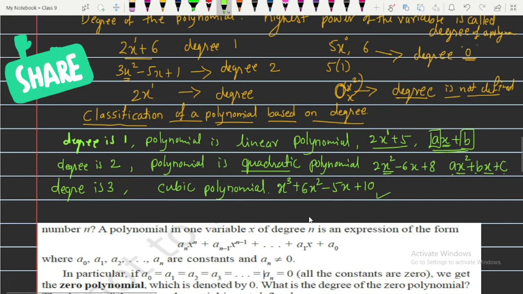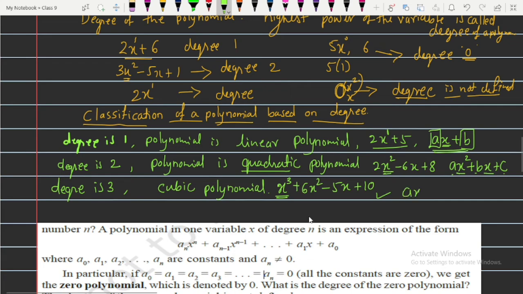Here the degree, the highest power of the variable, is 3. The standard form of a cubic polynomial is ax cube plus bx square plus cx plus d. Again, a, b, c and d belong to real numbers and x is a variable.